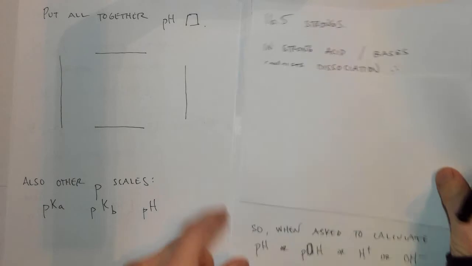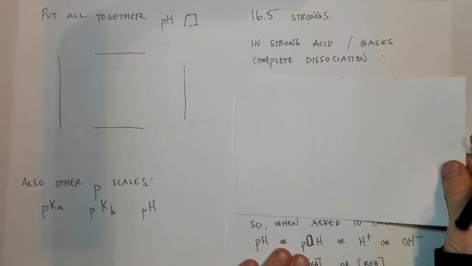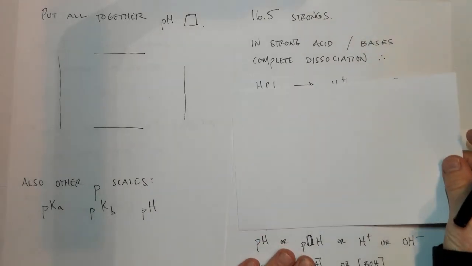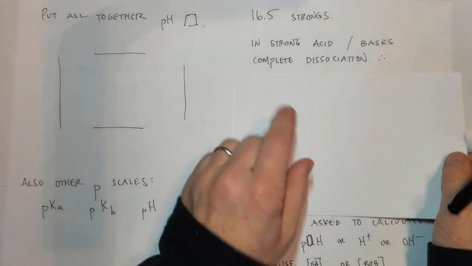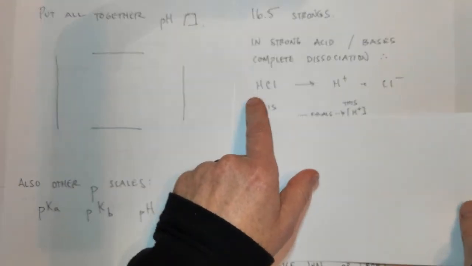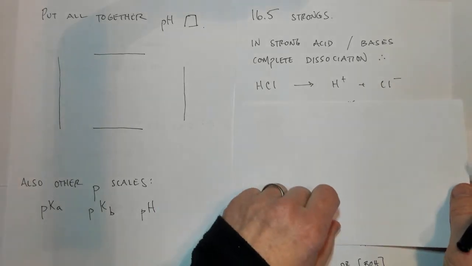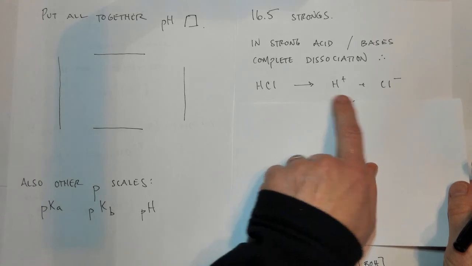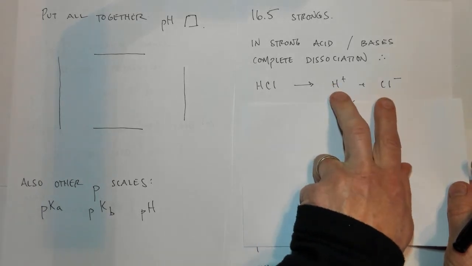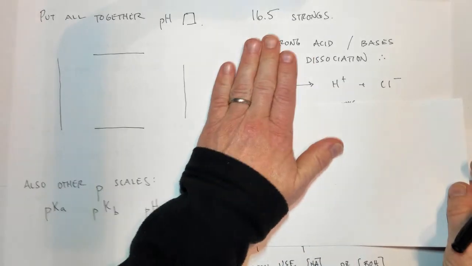So in 16.5, we talk about strong acids or bases, and we'll put this pH scale to use for them as well. In strong acids and strong bases, there's complete dissociation. For example, HCl breaks up to give you H pluses and Cl minuses, and nothing else. There's none of this remaining anymore.